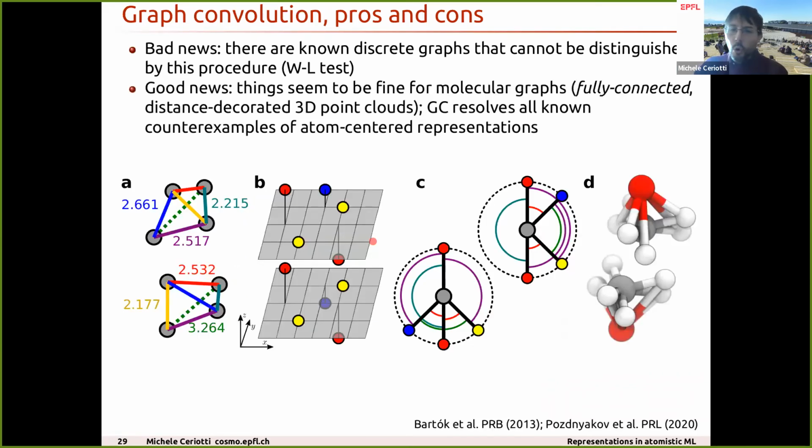And actually, all these degenerate structures that I have talked about before for atom-centered descriptors are very easily separated by graph convolution networks, which some have interpreted as one of the reasons why GCNNs work so well for molecules.